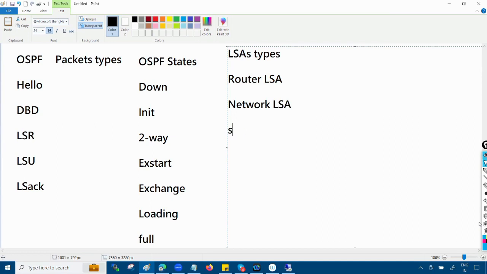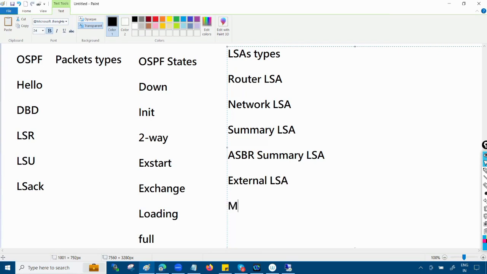Then the summary LSA, that's going to provide communication between two different areas, right? Then we have the ASBR summary LSA, that's LSA 4, which will be for redistribution. Exactly right. So this will come in the external LSA.